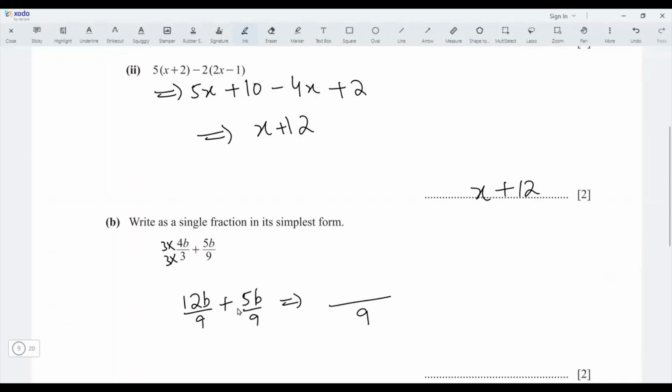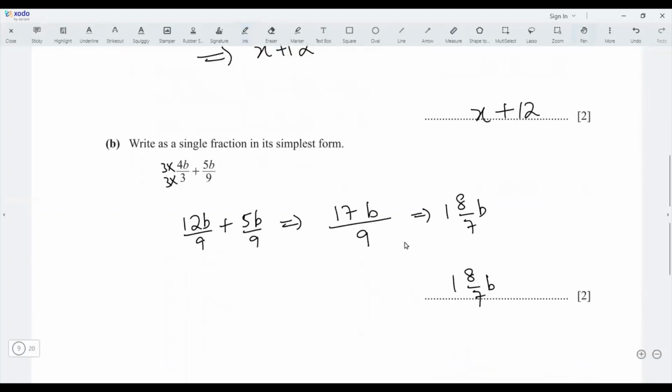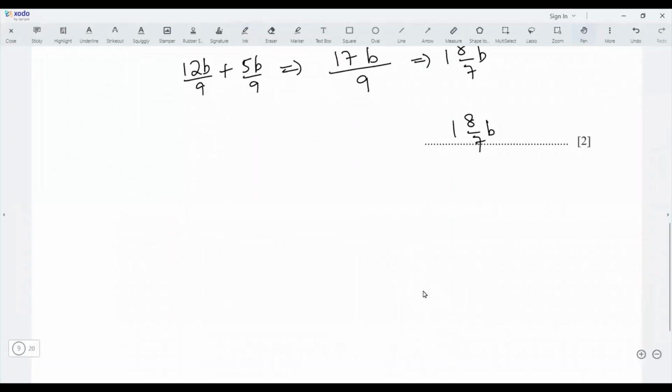Write down the denominator. 12b plus 5b is 17b. 17b over 9, or in mixed fraction form, it is 1 whole 8 over 9 b. So it is the answer. 17b over 9 is the result, or we can say 1 whole 8 by 9 b. Both are the same. So moving ahead to the next question.